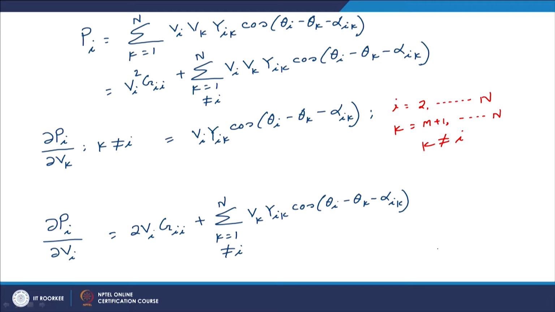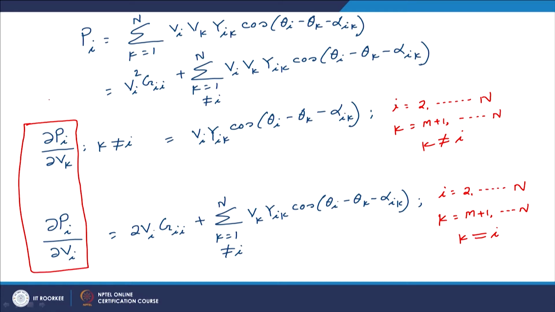So, here also i varies from 2 to n, and k varies from m plus 1 to n, but the rider is that k is not equal to i. That is the only rider. So these two terms together define the J2 matrix.